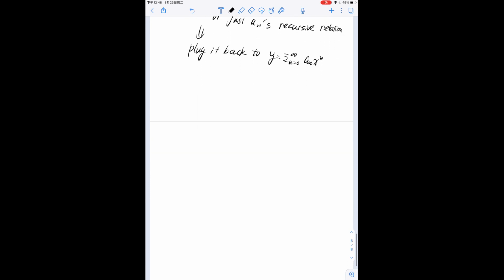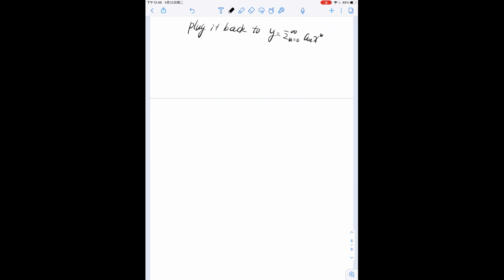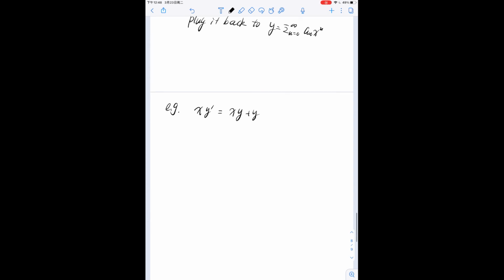And we can see an explicit example. So for example, if we want to solve an equation that looks like this, x times y prime equals x times y plus y. So this equation is super easy to solve with separation of variables, things like that.